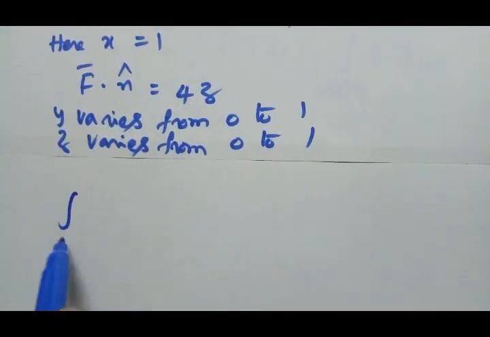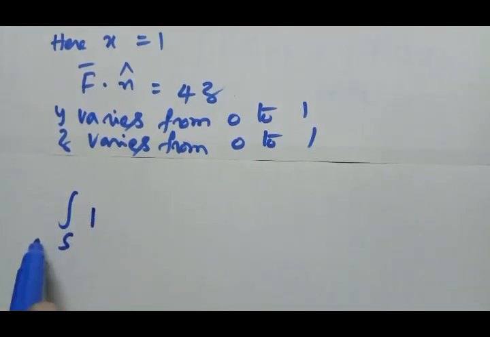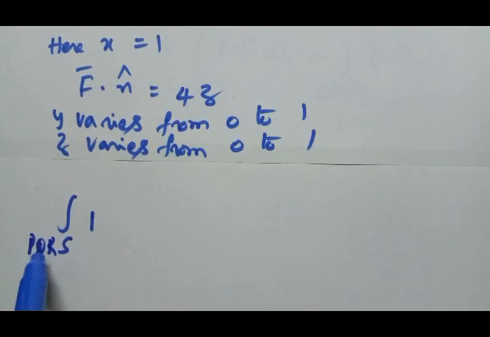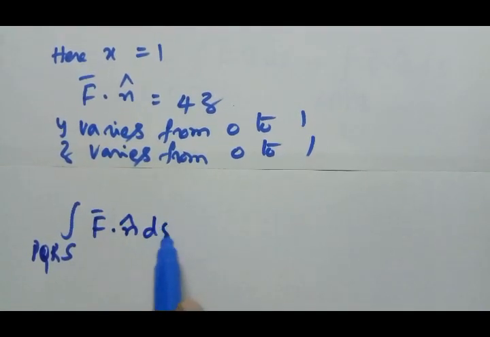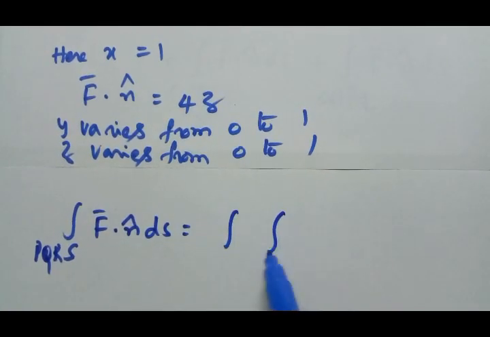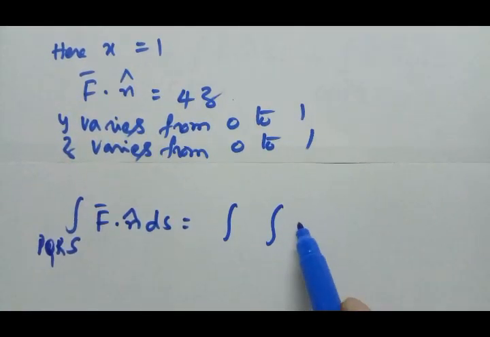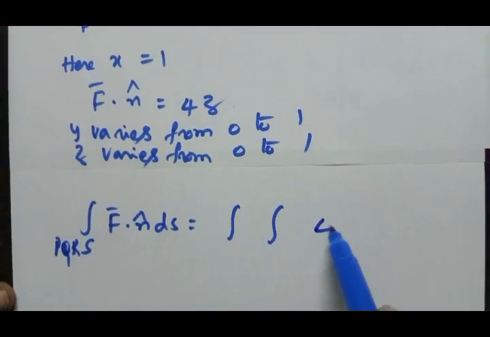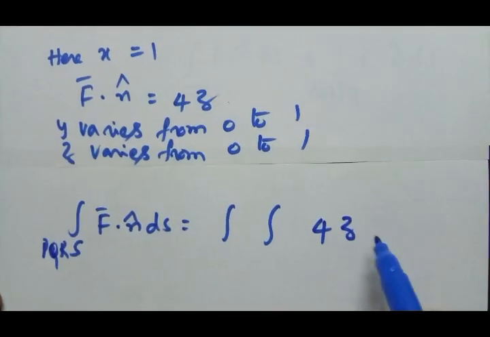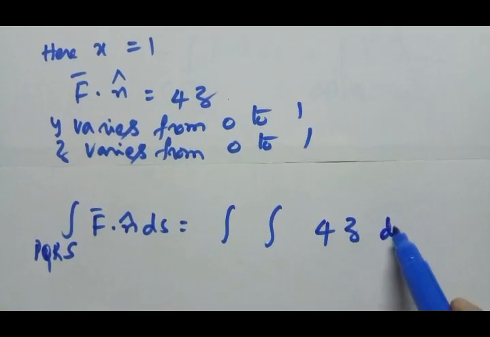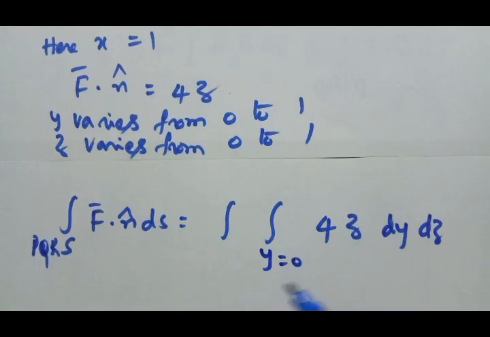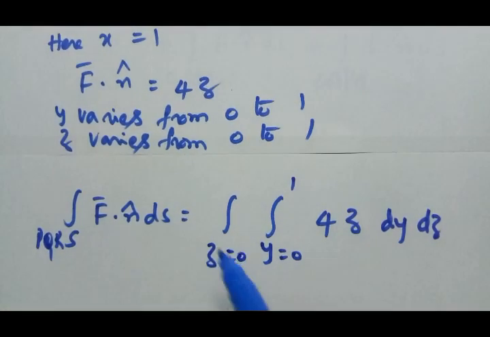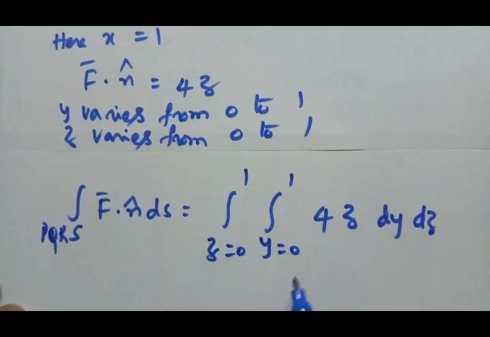Therefore the integral over PQRS of f bar dot n cap ds is equal to the double integral of 4z dy dz, y varies from 0 to 1, z varies from 0 to 1.